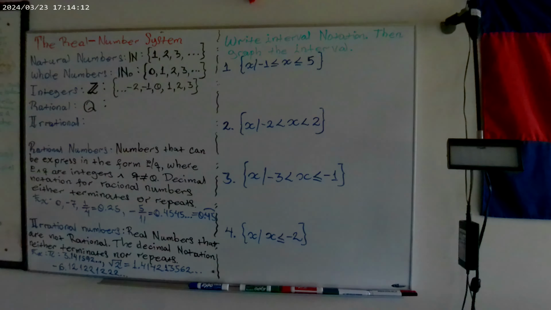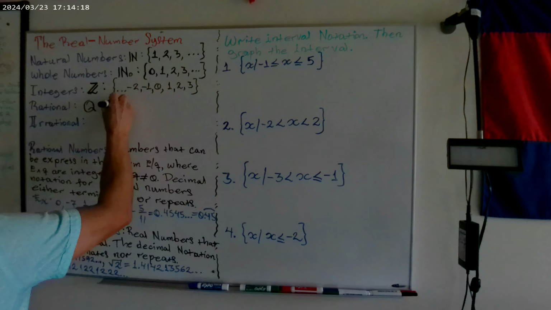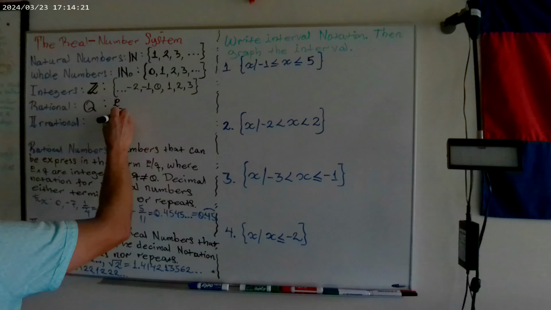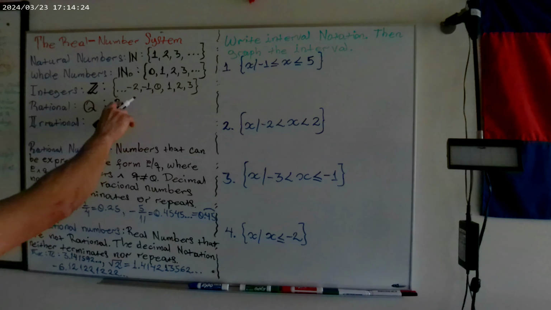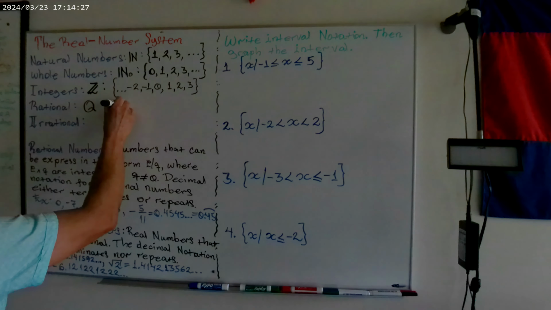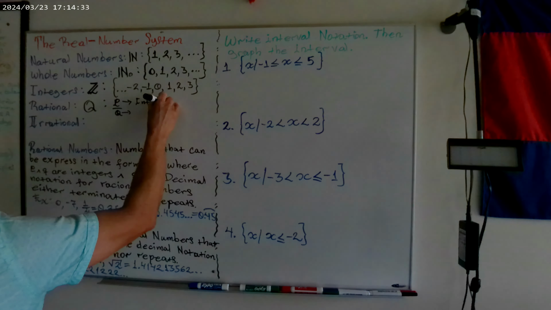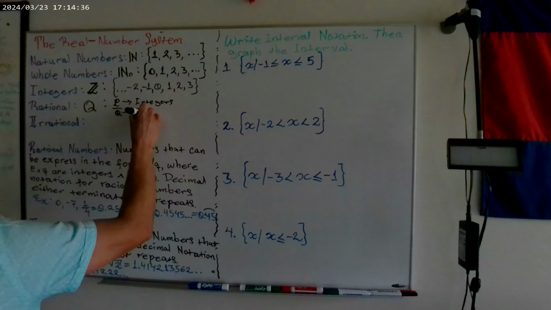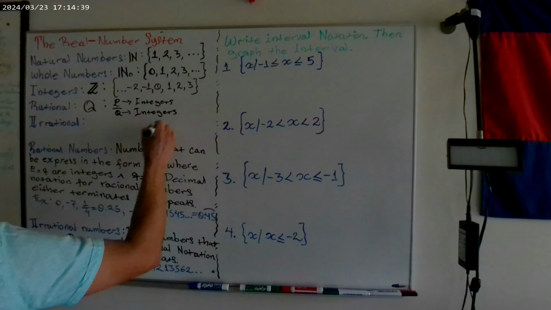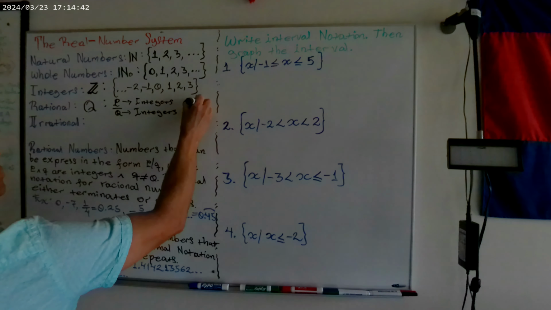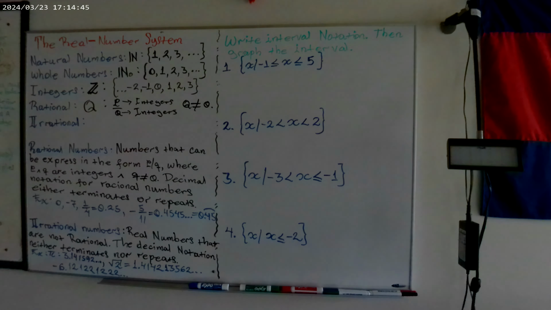So rational numbers are fractions, numbers in the form P over Q, in which P and Q are both integers, and Q is different than 0, right? Also, another characteristic about the rational numbers is that the decimal notation for rational numbers either terminates or repeats.